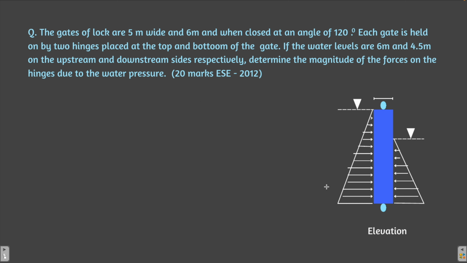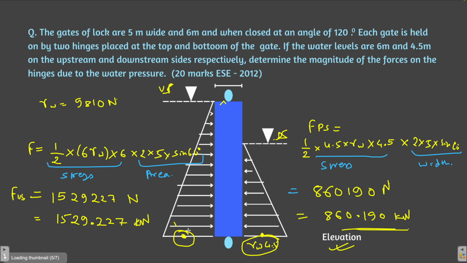So once you have got the forces, let me write it down. This force on the upstream side will act from the centroid of this triangle, right? And you know that the centroid of the triangle lies at a distance of 1/3 from the base of the triangle. 1/3 of the base means 1/3 of 6. So this force will act at a distance of 2 meters from the base, right?